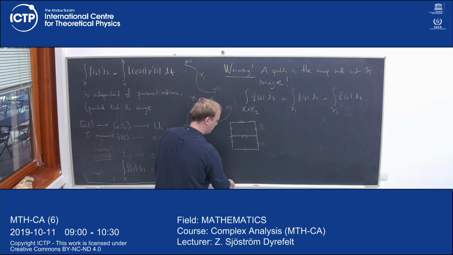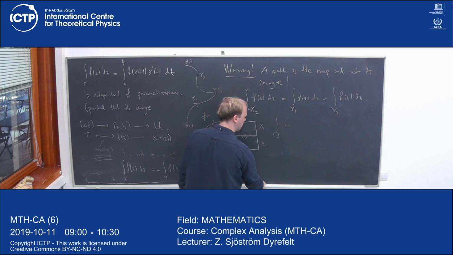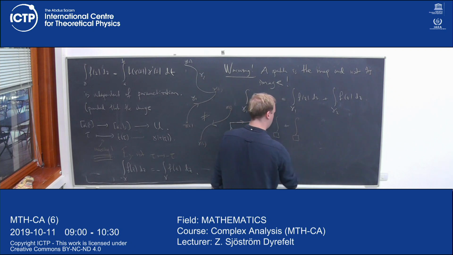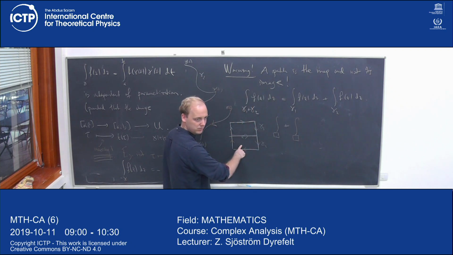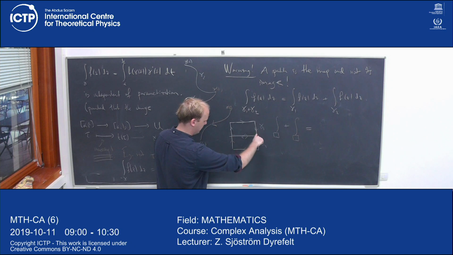So we see that the integral along this gamma 1 thing, the blue box, plus the integral of this lower orange box, what is it equal to? Okay, so we take the integral here. We count this side once, this once, this once, and then we go once in this direction.